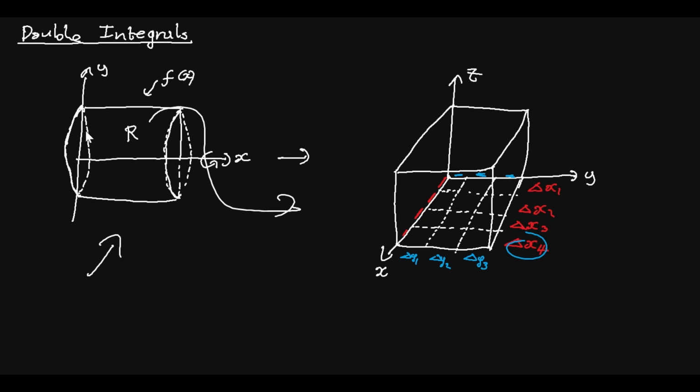It doesn't really necessarily mean they have to be the same, but the way that we do it, we try to have these subdivisions along the y to be the same. In fact, I can even omit those indexes like 1, 2, 3 and just say delta y. Same thing also on the side of x. All of these ones are basically of the same width, okay? So basically the same length in terms of dimensions.